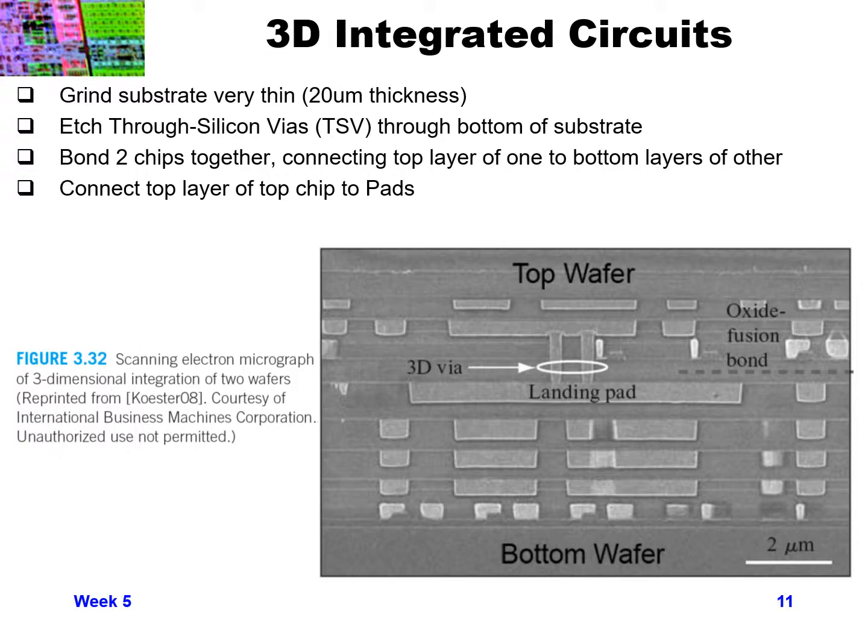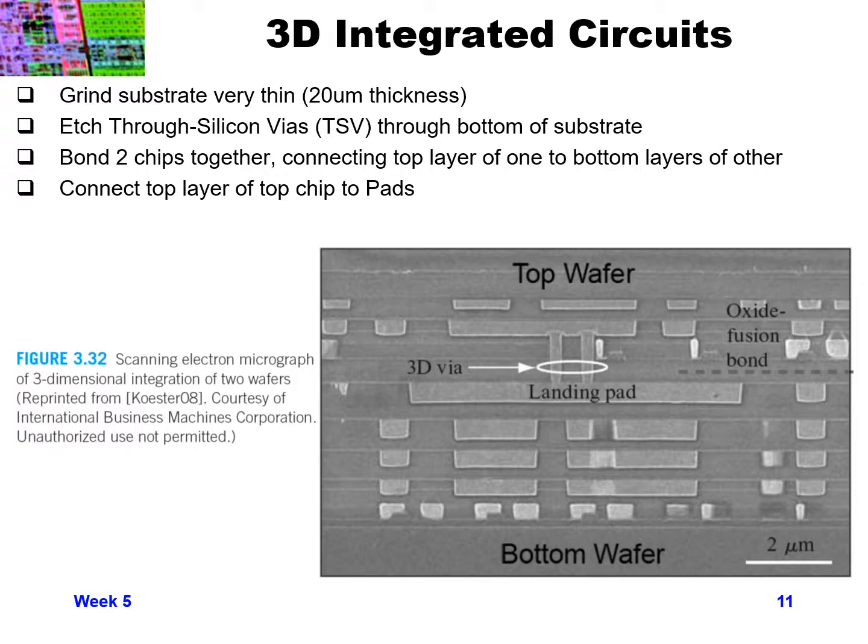Typically, the substrate that our wafers are on is pretty thick in order to withstand all the processing steps, and the fact that it's on a wafer that's 300 millimeters, or basically about a foot in diameter, it needs to be very thick to go through all the processing and temperature cycling steps, etc.